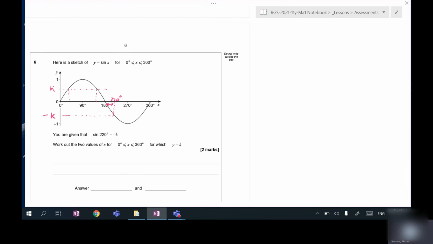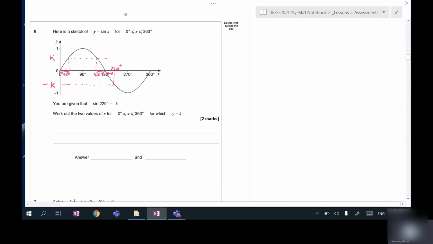So that's going to be the same everywhere. So it's going to be the same here. And it's going to be the same here. So this is 40. And this is 40. Okay. So therefore, my other values are going to be 40. And if the gap's 40, 40 before 180 would be 140.